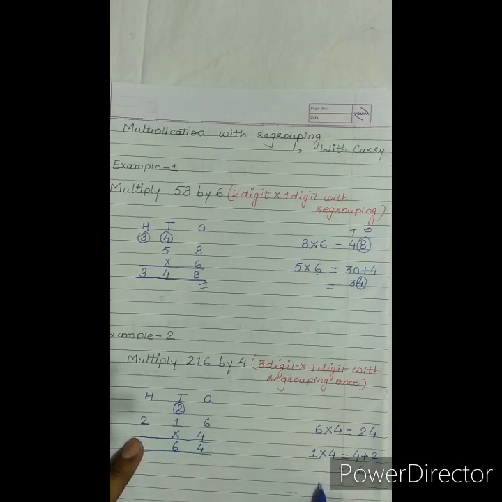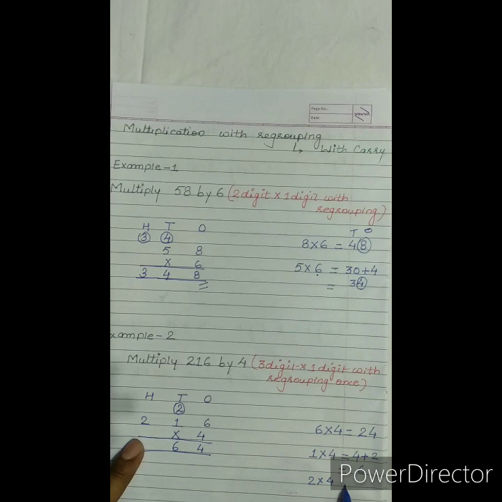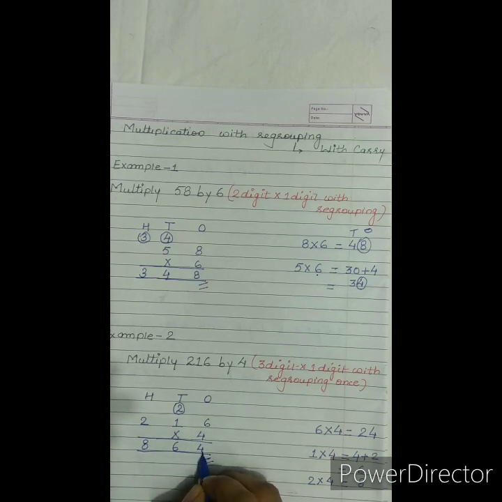Then next is the hundreds place. 2 multiplied by 4. 4 1 ja 4, 4 2 ja 8. So our answer is 864.